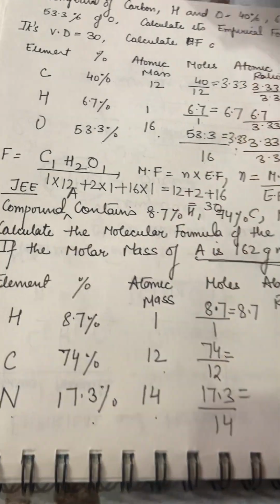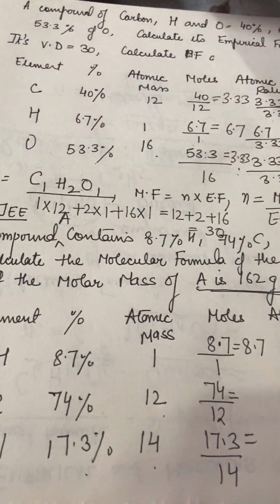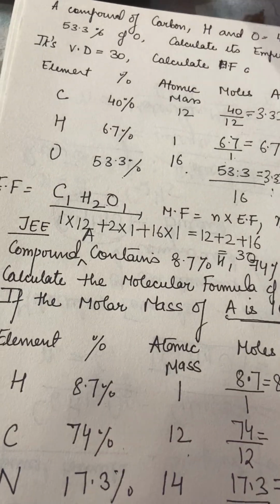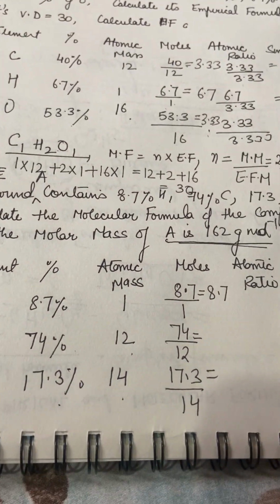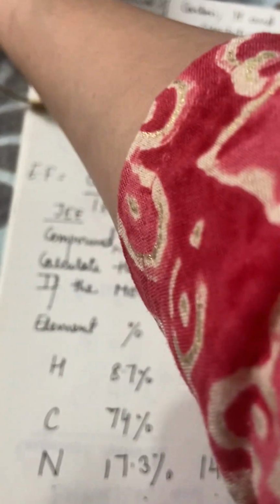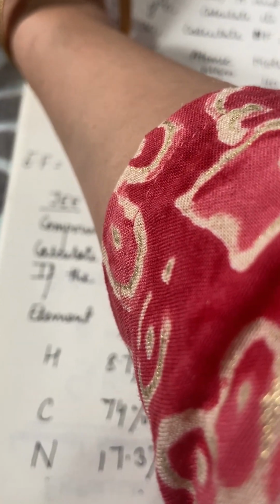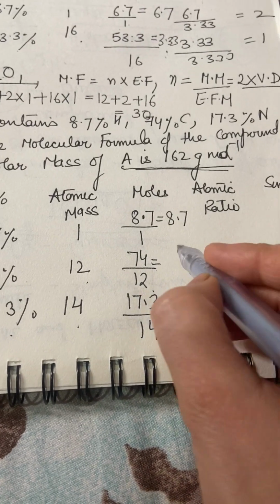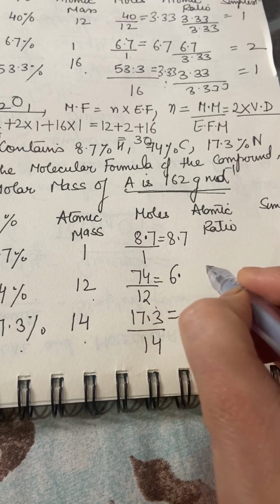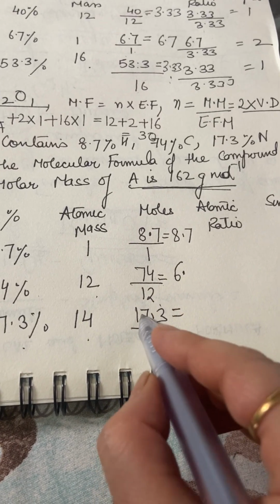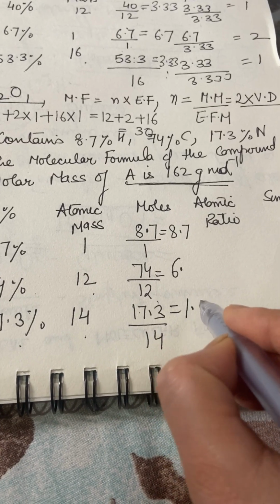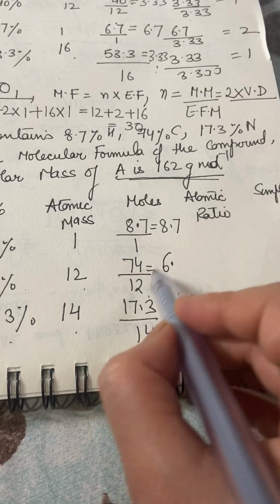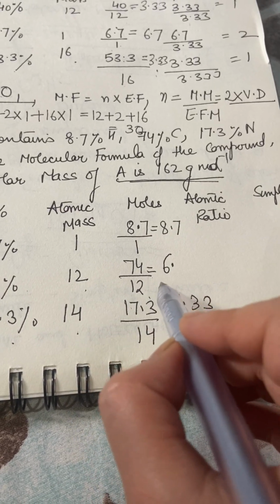So now let's calculate. 74 upon 12 will be approximately equal to 6.02 something, and 17.3 divided by 14 will be approximately 1.33. 12 sixes are 72, what is left? 20.